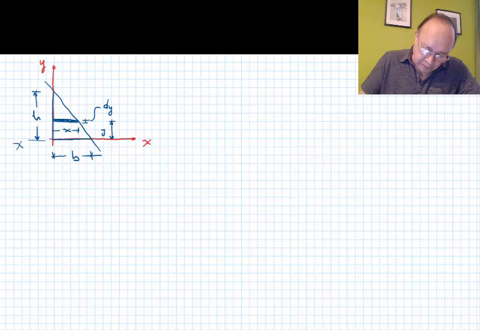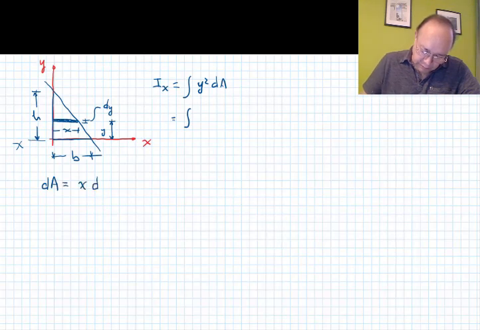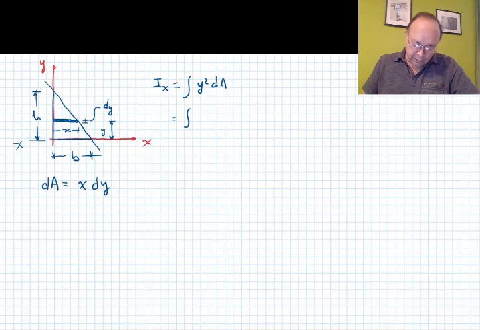And the moment of inertia with respect to the x-axis is equal to the integral of y squared dA. Let's define dA first. dA, as we said, is equal to x dy, so we have to express x as a function of y.